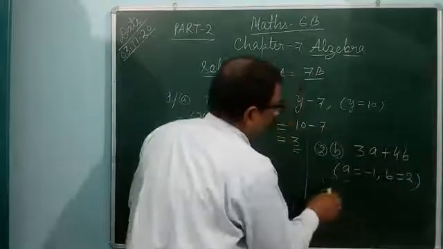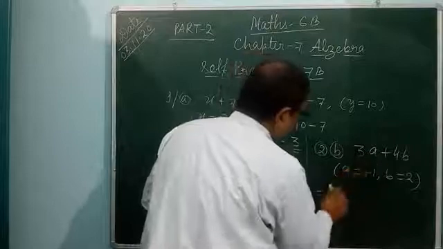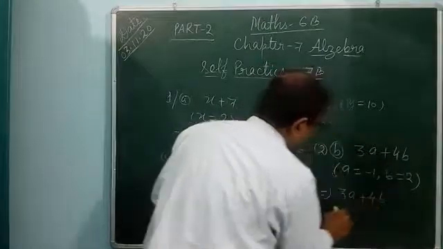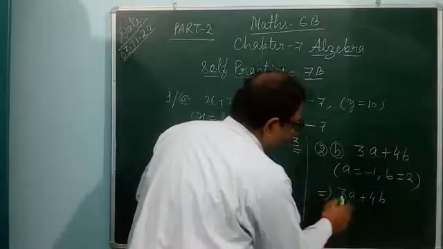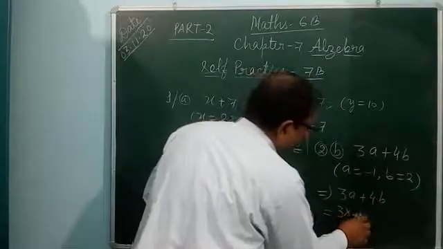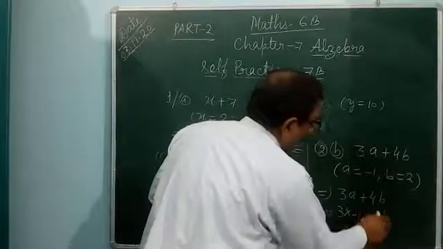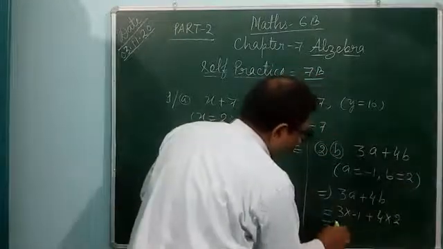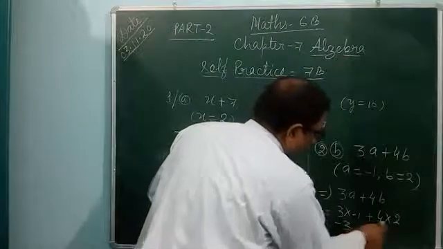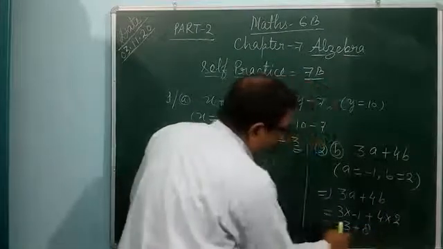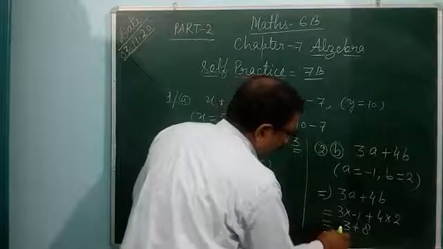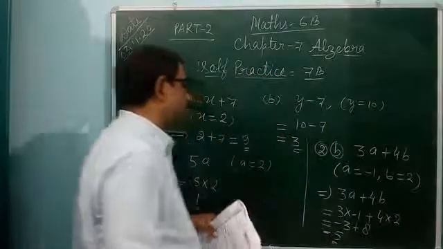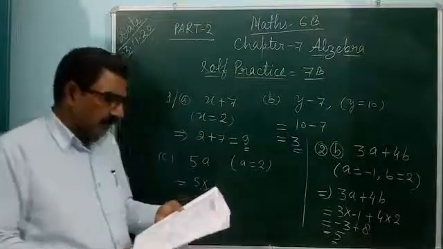You see, 3a plus 4b. 3a means 3 into a, which is minus 1, plus 4b, 4 into b, which is 2. 3 times minus 1 is minus 3, plus 4 times 2 is 8. It means 8 minus 3. So 8 minus 3 means 5. 5 is the answer. In this way you can do 2B.